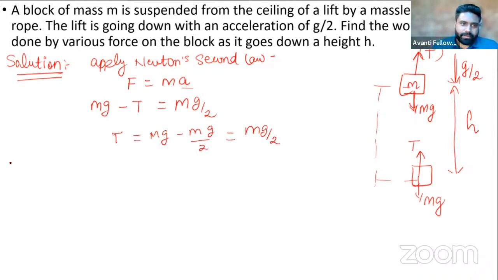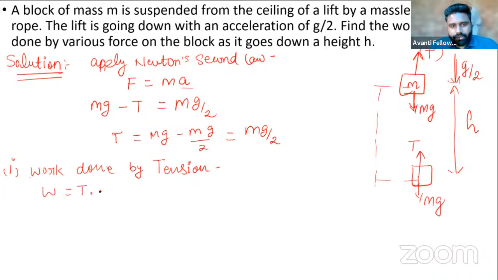Got it? Now, firstly we will discuss the work done by the tension force. So work done is equal to tension dot product with displacement. Tension here is mg by 2.